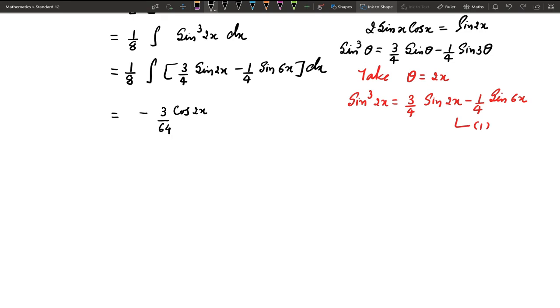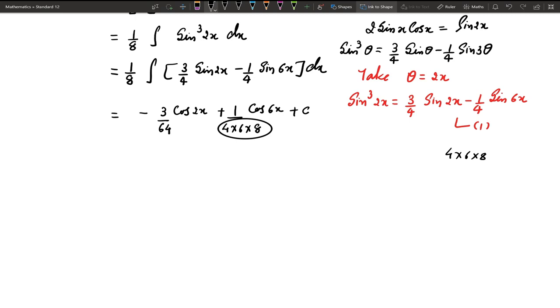Integration of sine, minus minus plus cos 6x upon 6, so 4 into 6 into 8, plus constant of integration. This you can simplify.